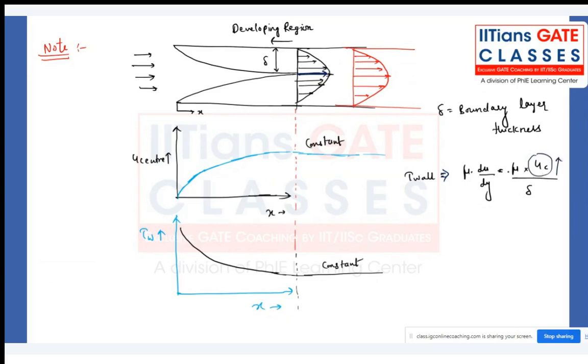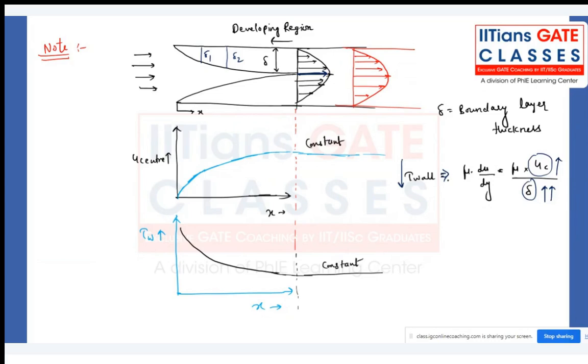See that delta 1, delta 2. But as compared to u center line, delta is increasing at a rapid rate. So overall, it will make the wall shear stress decrease as we march along the x direction. Right? So make a note of it.